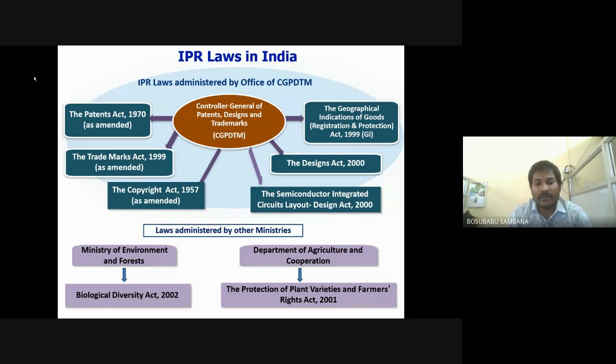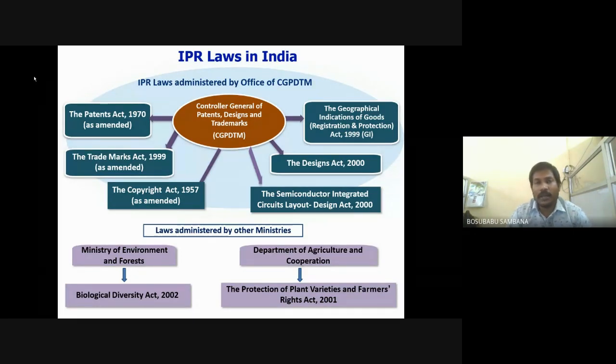And another one, the Ministry of Environment and Forests. If you want to file a patent, you must choose one option. If in this innovation any biological material is used, any animals or any human bodies are used, in this case you must get permission under the Biological Diversity Act through the Ministry of Environment and Forests.